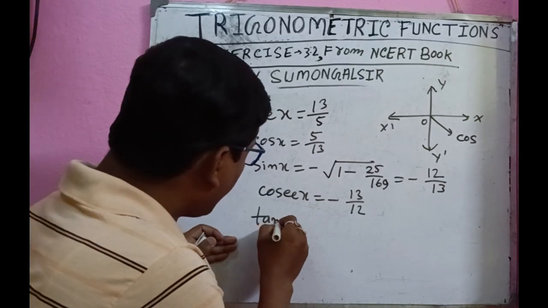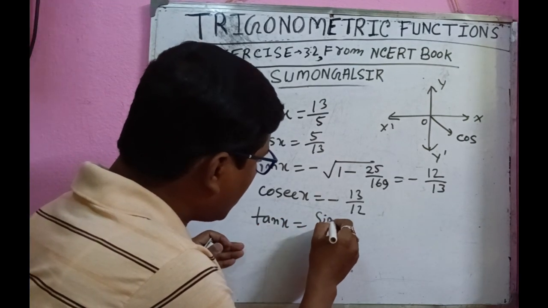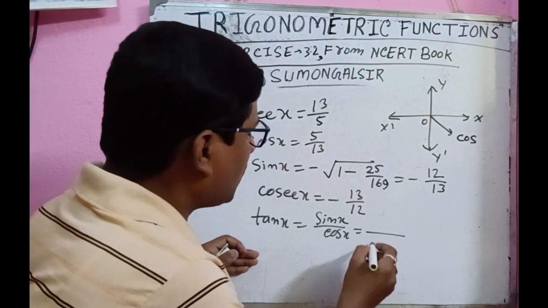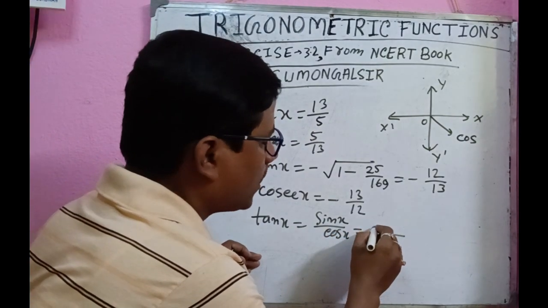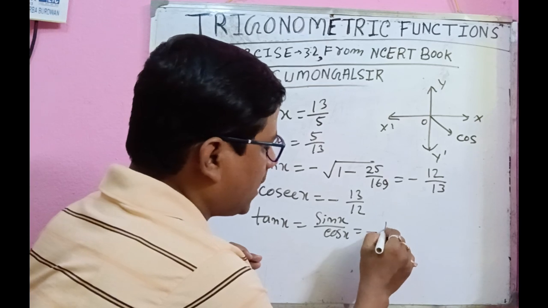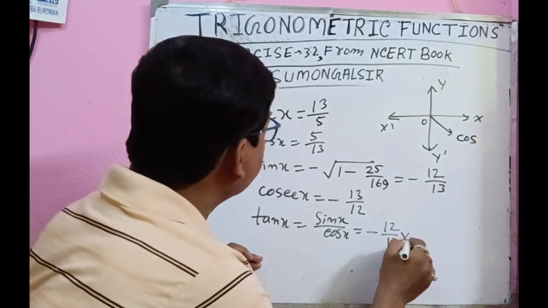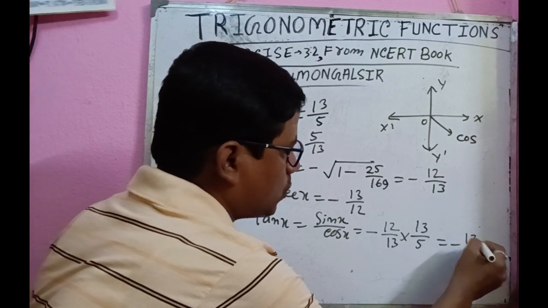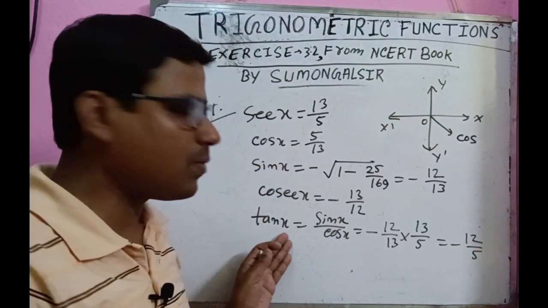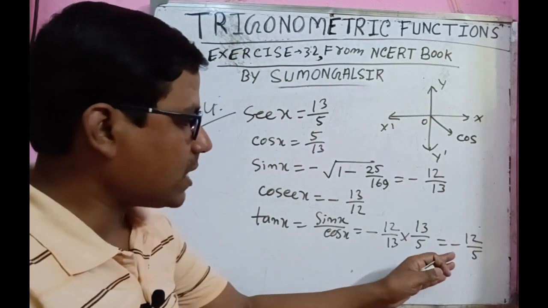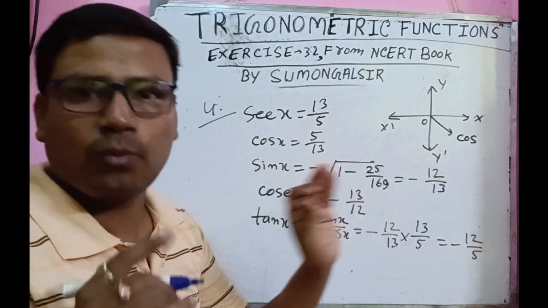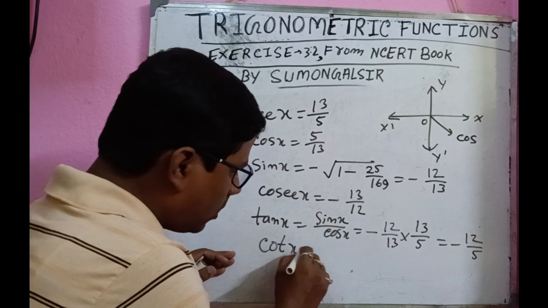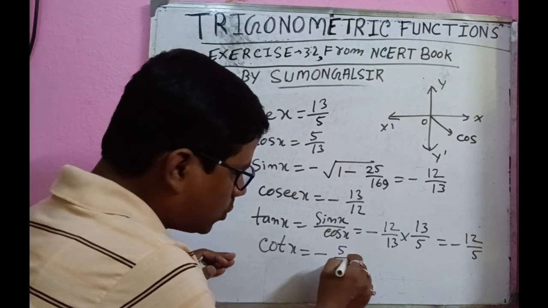Now tan x will be sin x by cos x. By putting the values of sin and cos and calculating, we get minus 12 by 5. So this is the value of tan x. Why is minus there? Because we are discussing the fourth quadrant. Now cot x will be minus 5 by 12.